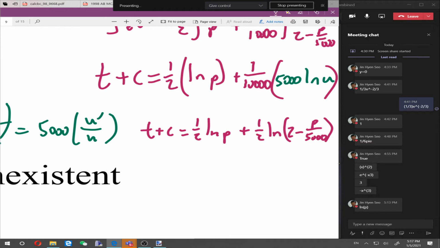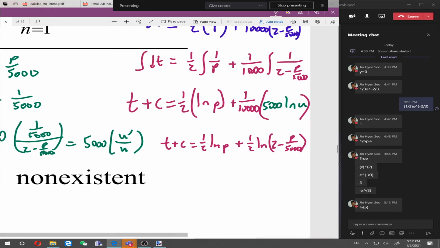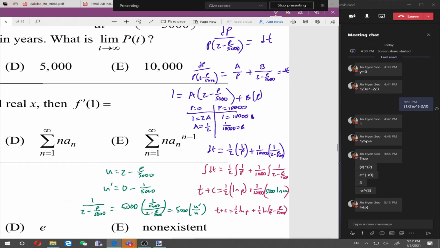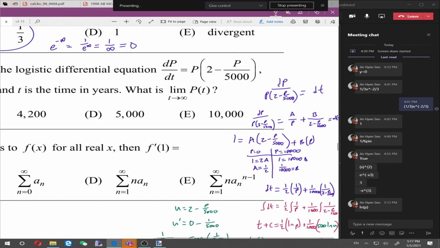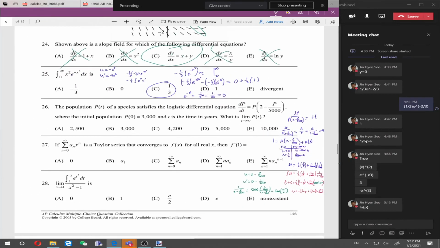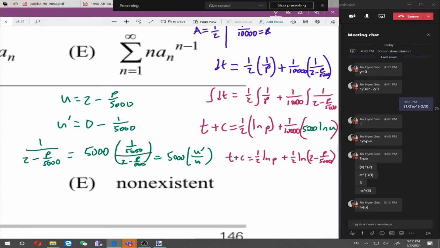I'll set t equals 0. Set t equals 0. Let me see what our t was. Hold on. We know when t equals 0, our population is 3,000. That would allow us to solve for c if we wanted to here. And I don't think this is the best time to do that, maybe. Because that's going to force us to solve this crazy natural log where I've got a 3,000 over 5,000 here, which is maybe not ideal.